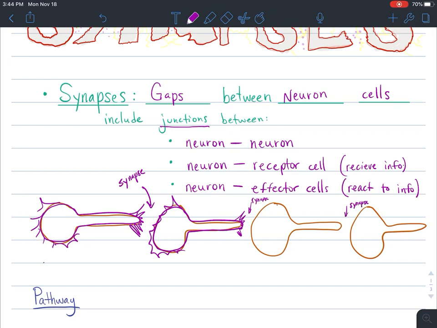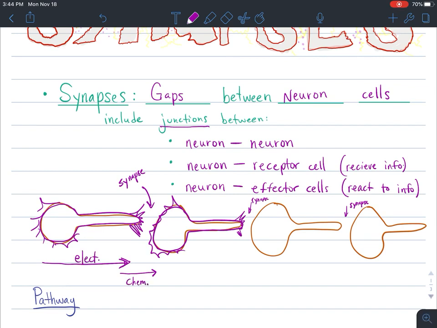What happens is that a neuron gets an electrical signal and sends it down to the end of the axon terminal, where the electrical signal turns into a chemical signal. So we'll say electrical, chemical.